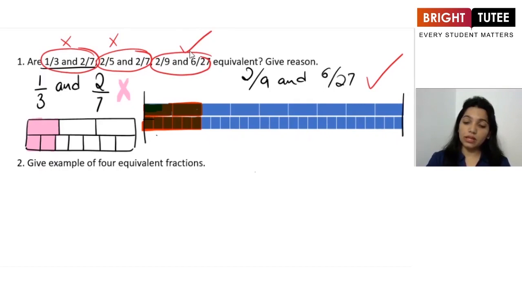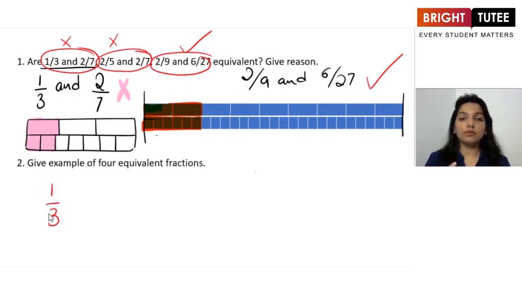Now they're saying give examples of 4 equivalent fractions. So let us write some examples. Let us write for, say, 1 over 3.